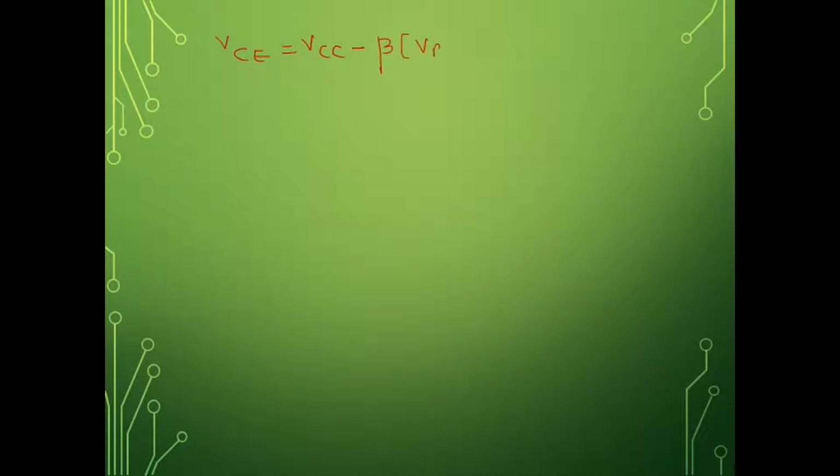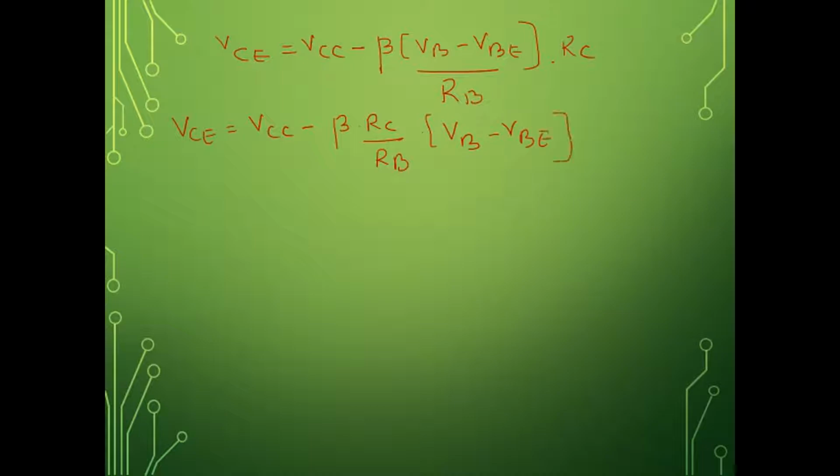IB is VB minus VBE by RB, that into RC. Or we can write VCE is equal to VCC minus beta into RC by RB into VB minus VBE.